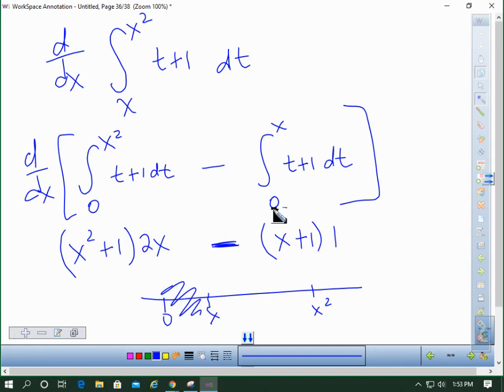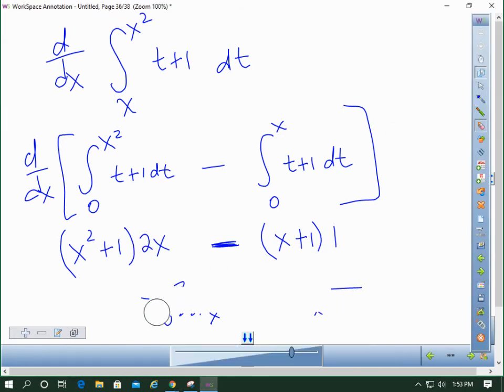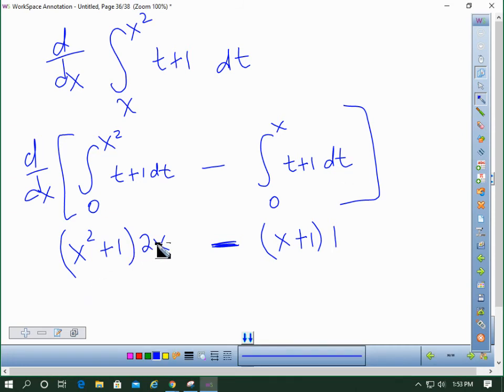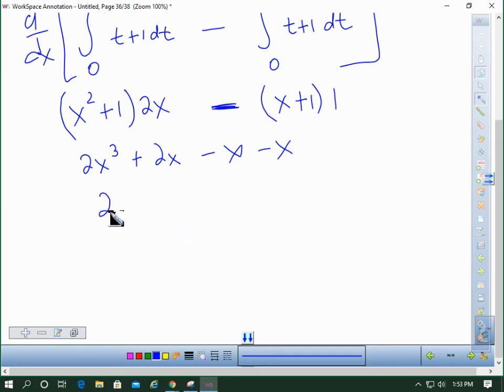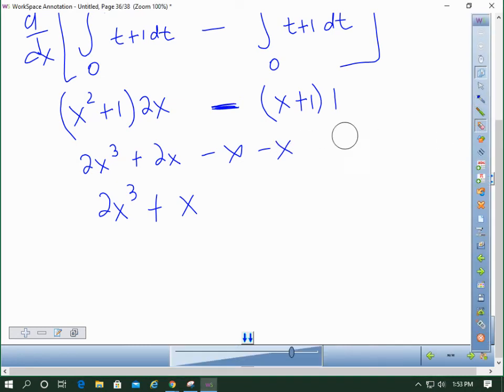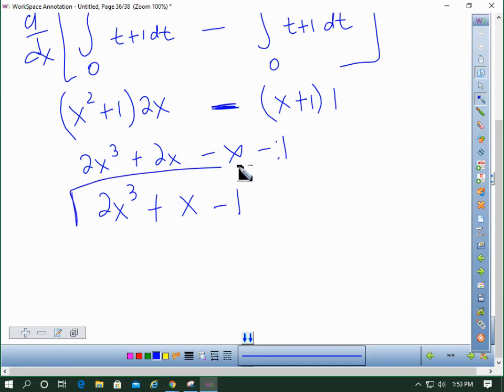And if I wanted to multiply all that out, I could. So that would give me 2x cubed plus 2x, and then this would be minus an x minus 1. So my final answer would be 2x cubed plus x, whoops, that was a 1, sorry, minus 1.